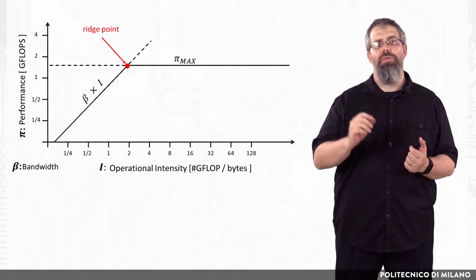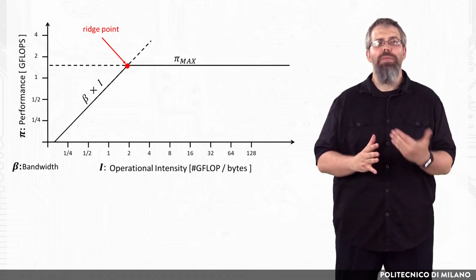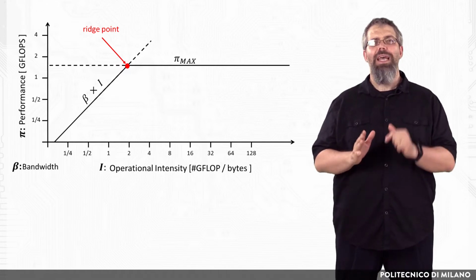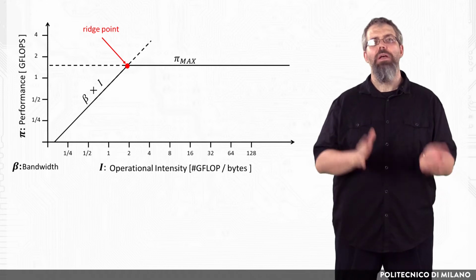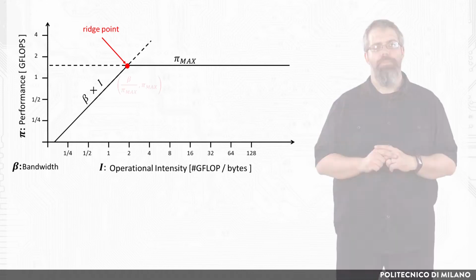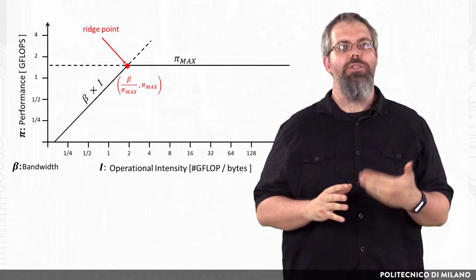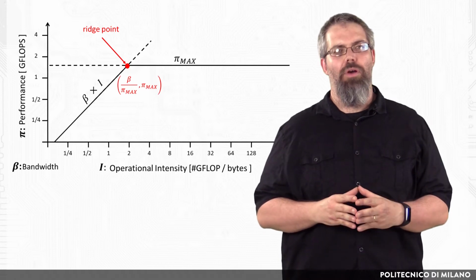The ridge point offers insight on the machine's overall performance by providing the minimum operational intensity required in order to achieve peak performance, and by suggesting at a glance the amount of effort required by the programmer to achieve peak performance. The least operational intensity needed by the application to reach the ridge point is given by the peak performance divided by the memory bandwidth.